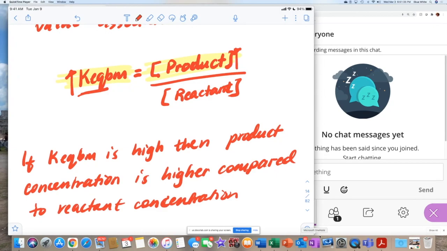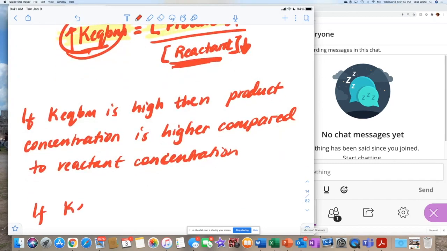Now, if you want to focus on what K equilibrium is doing to the reactant, they have an inverse relationship, opposite. So if K equilibrium is high, this bottom part has to be low because they have an inverse, like a reverse relationship. When one is high, the bottom one is low, right?